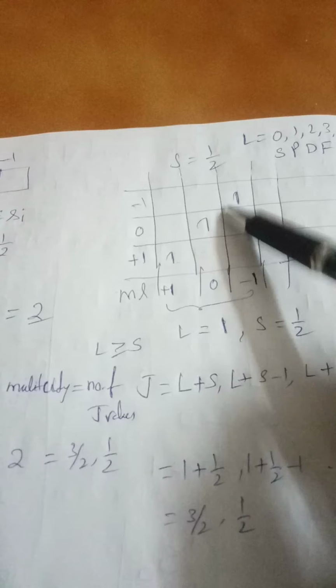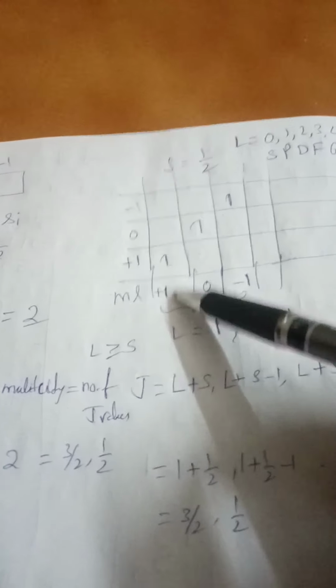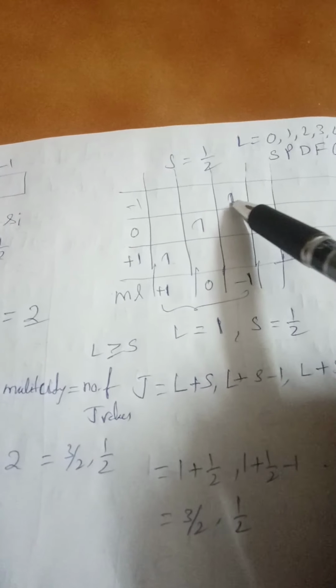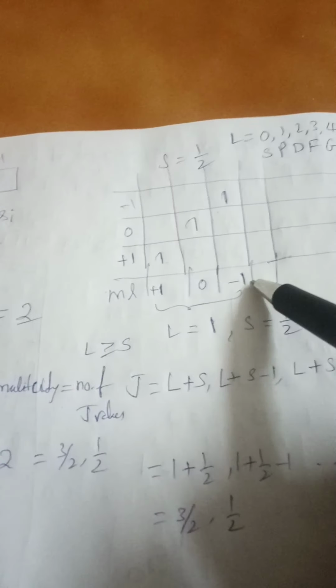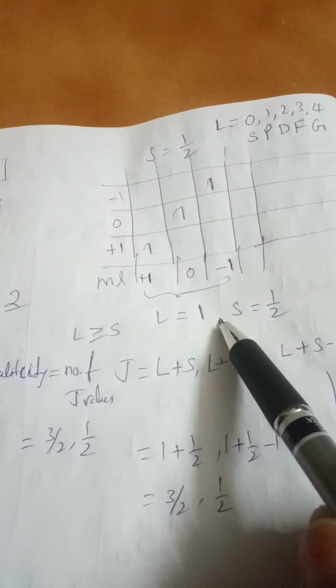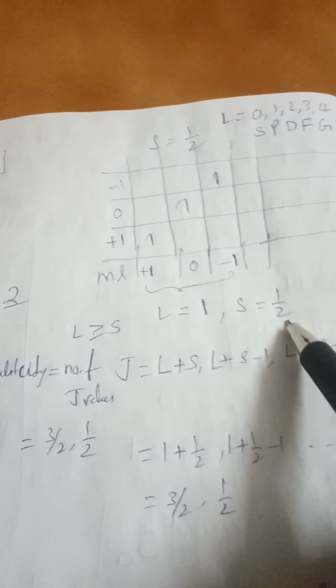So the possibilities are 1 into plus 1, 1 into 0, and 1 into minus 1. This is the set of orbitals, plus 1, 0, minus 1, so the total L is equal to 1, where S is equal to half.